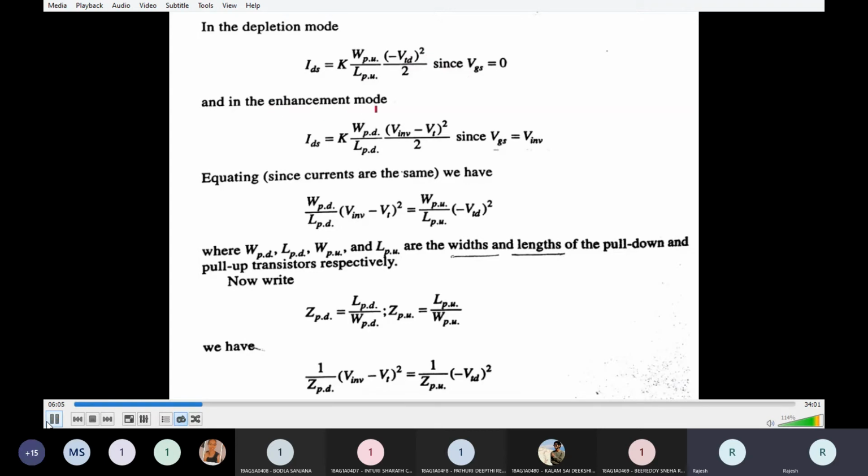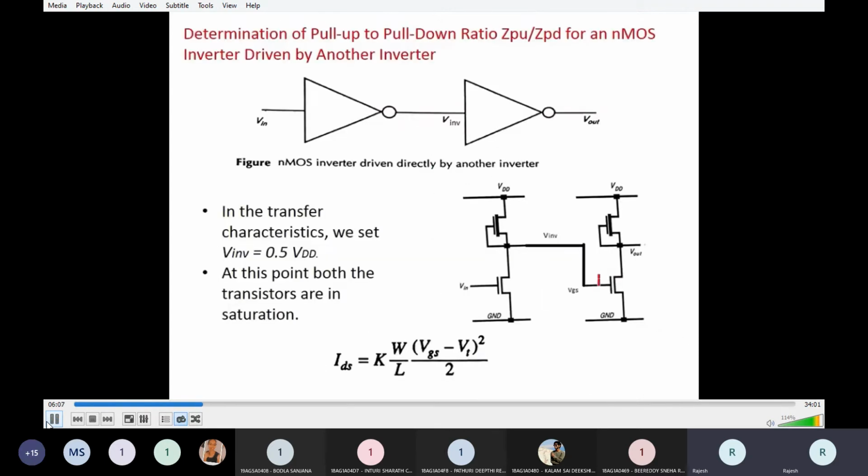Similarly for enhancement mode MOSFET, IDS is equal to K into W pull down divided by L pull down into (VGS minus VT) whole square divided by 2. But what is VGS here? See here, VGS is equal to V invert. That is, the input of the second inverter is equal to the output of the first inverter circuit.